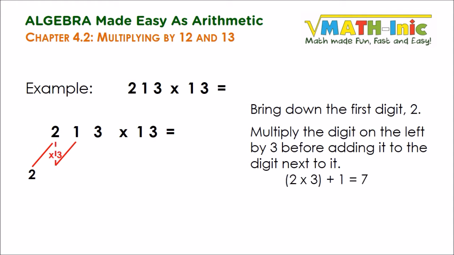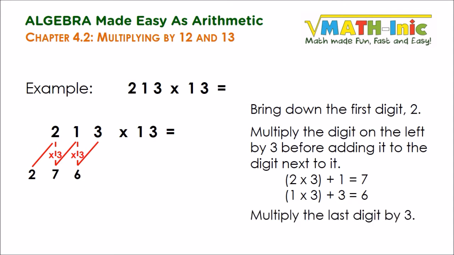So 2 times 3 is 6, plus 1 is equal to 7. 1 times 3 is 3, plus 3 is equal to 6. Then we'll multiply the last digit by 3. 3 times 3 is 9. 213 times 13 is therefore equal to 2,769.